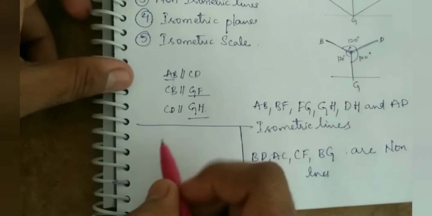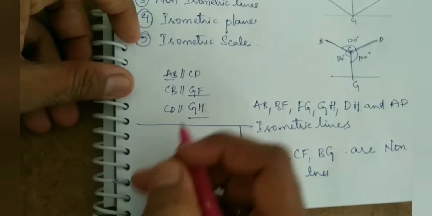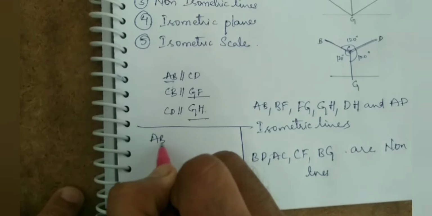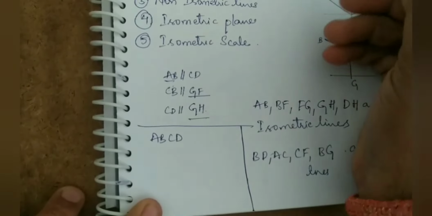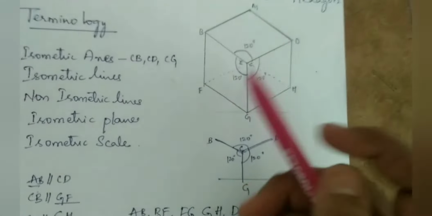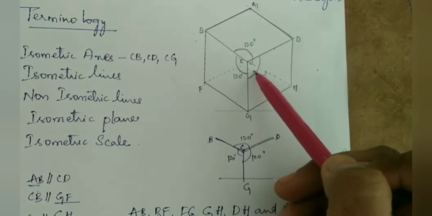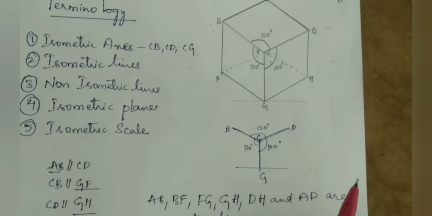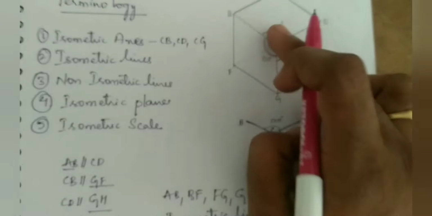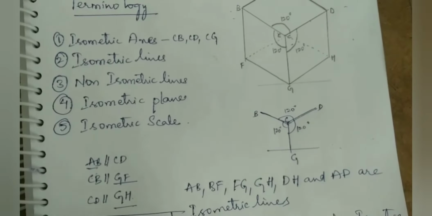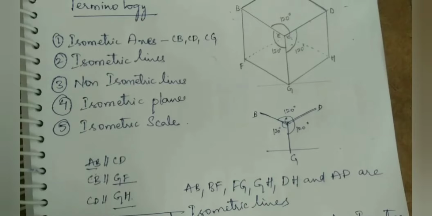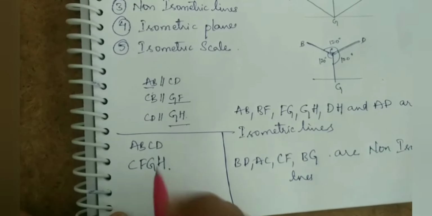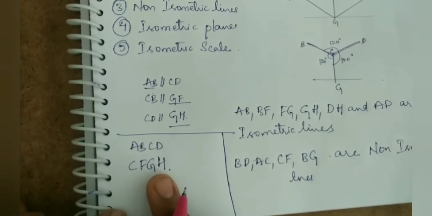For example, A, B, C, D is my isometric plane. Similarly, the one which is parallel at the bottom, C, F, G, H, is also one of the planes.